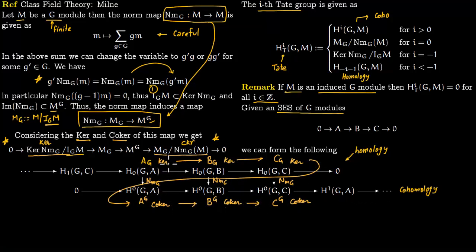This is precisely what we have done here. This kernel is precisely what is here for -1, and this kernel again for -1, and again for -1. So -1 is here, and then the 0th are here. This is the co-kernel map, and again the co-kernel is here.